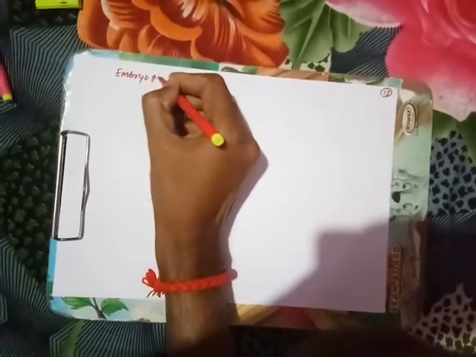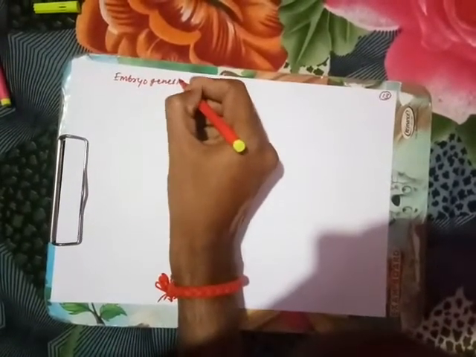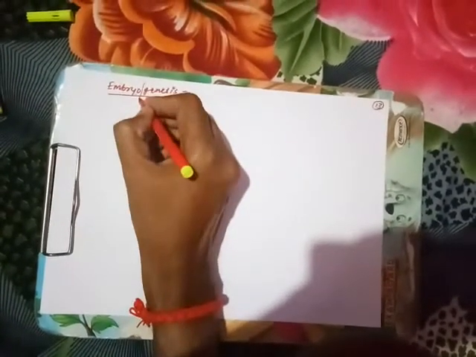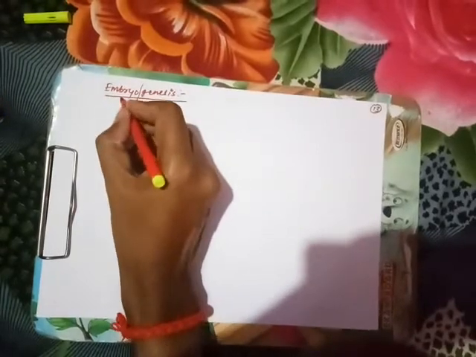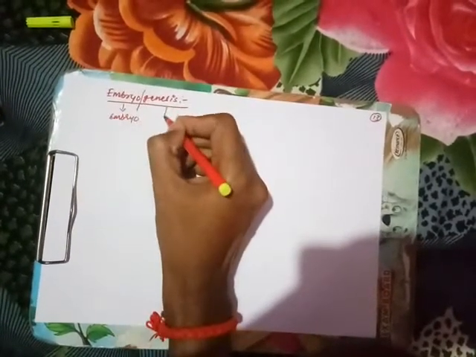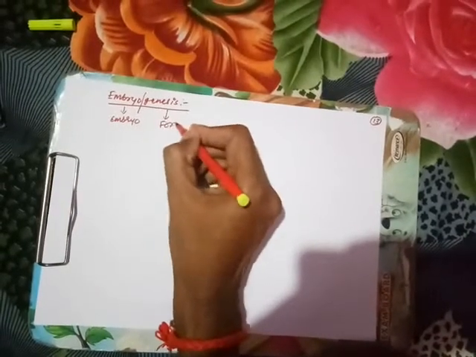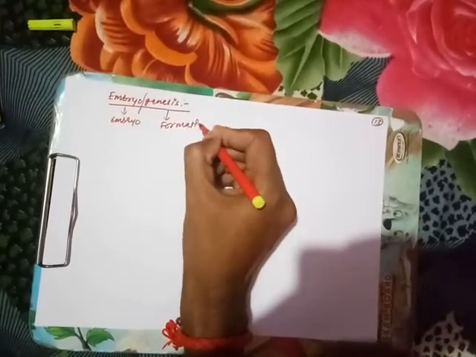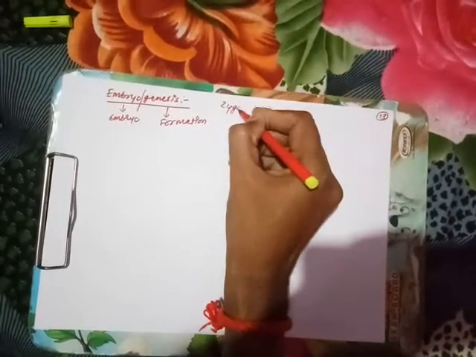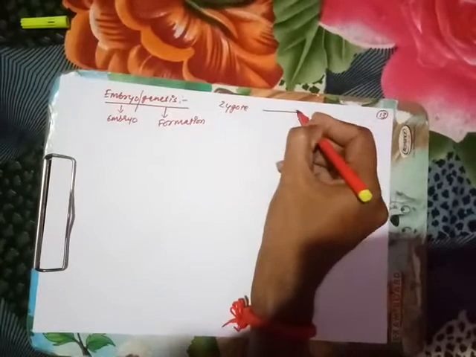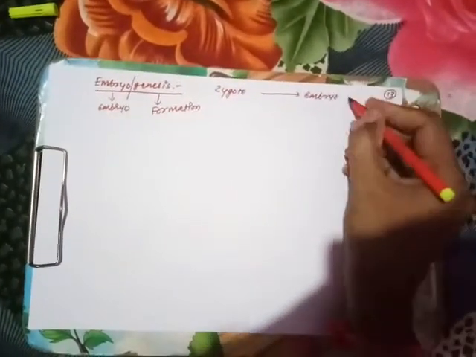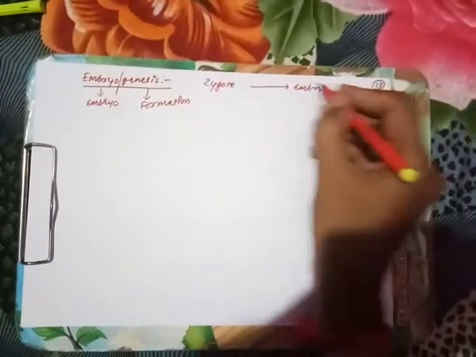What is embryogenesis? Once again, if we go to the etymology, embryogenesis means formation of the embryo, means the zygote will convert in the form of an embryo, that is called embryogenesis.